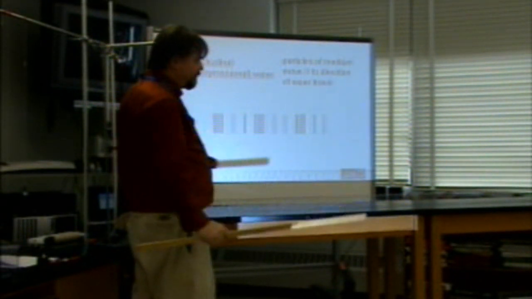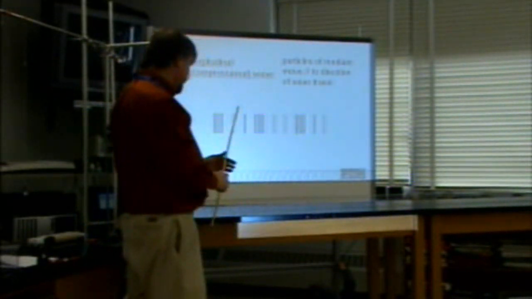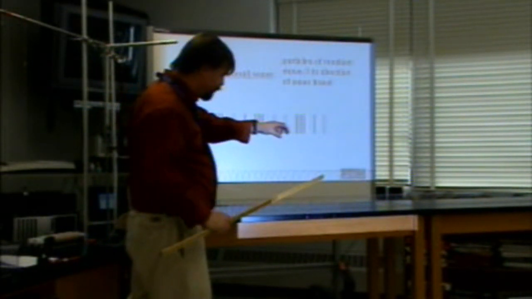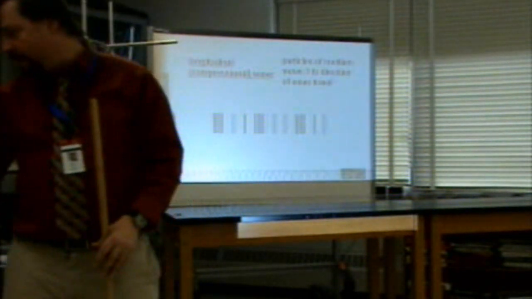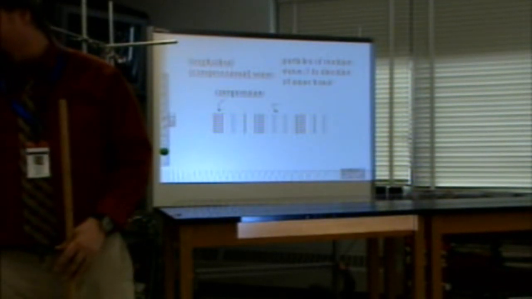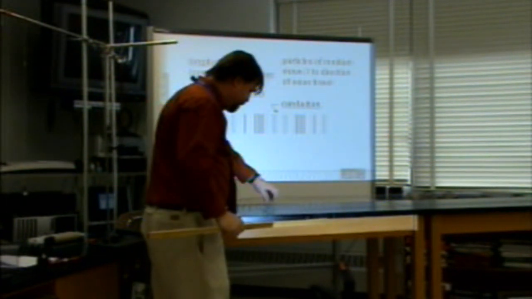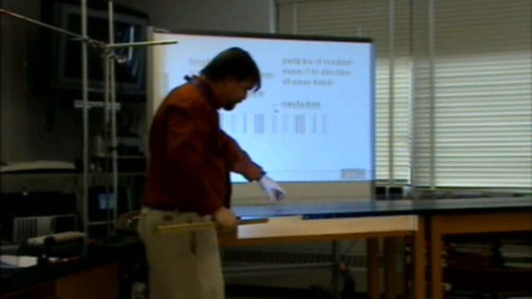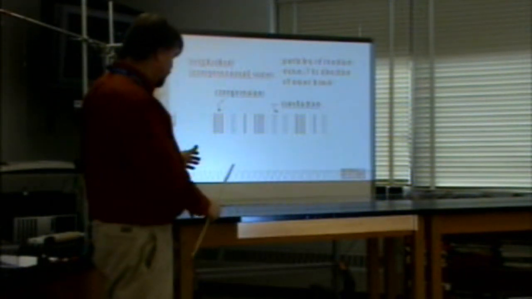And when I do that, what you see is these little compressions. So we have the parts of the wave: compressions, and then what's called a rarefaction, which is the expansion. So we have compressions and expansions going on.